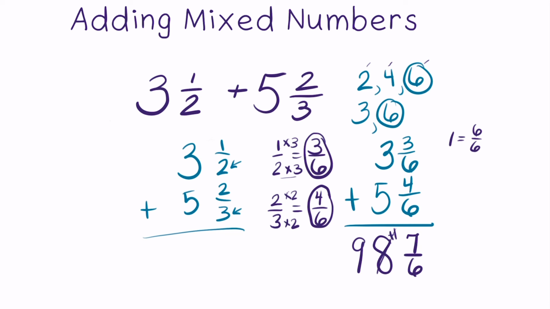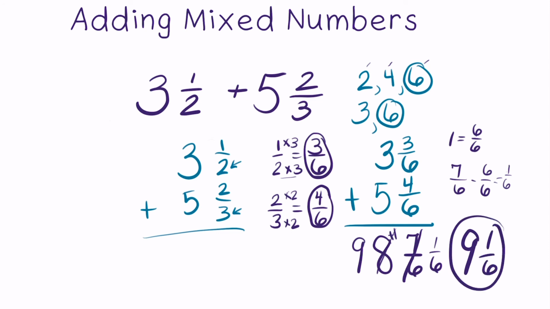And then what we'll do with our fraction here of 7/6 is subtract the 6/6 that we took to add to the whole number. And that leaves 1/6 left over. So 7/6 becomes 1/6. Let's rewrite this. 8 and 7/6 is simplified into 9 and 1/6.